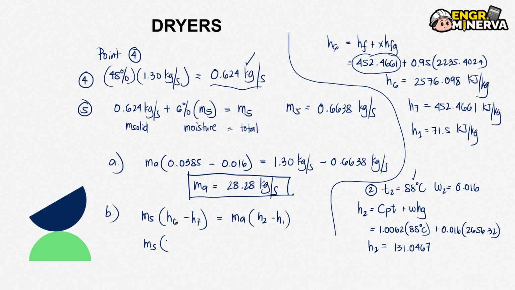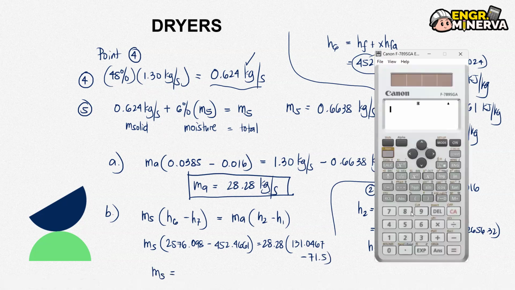So that is 2576.098 minus 452.4661 equals the mass of air that we have solved. Your H2 is 131.0467 minus 71.5.